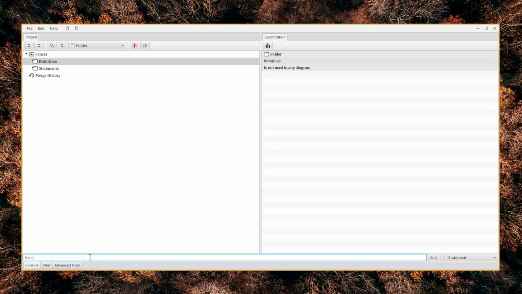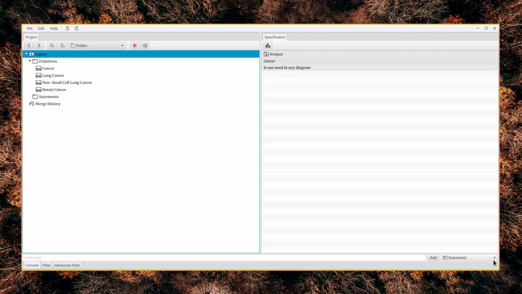The first class I will create is Cancer, followed by a more specific class, Lung Cancer, and an even more specific class, Non-small cell lung cancer. Finally, I will also add breast cancer to the folder.